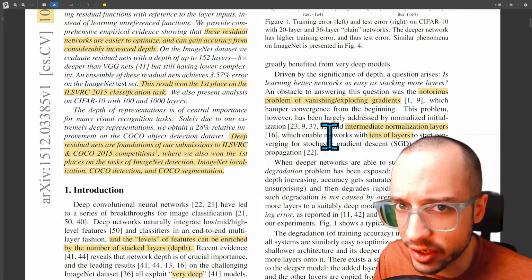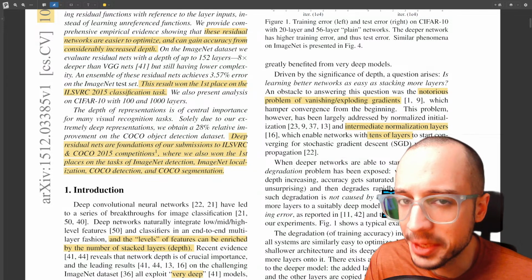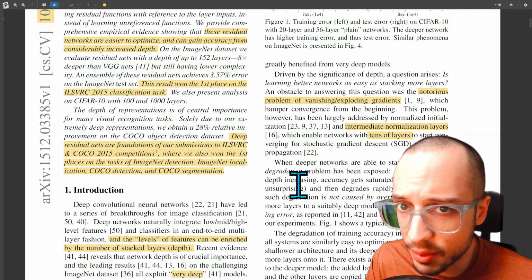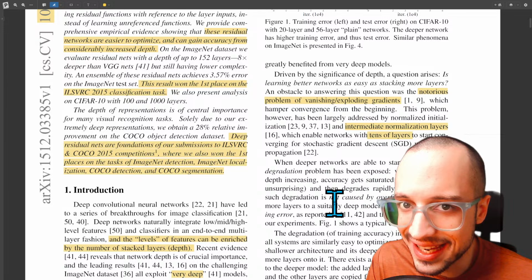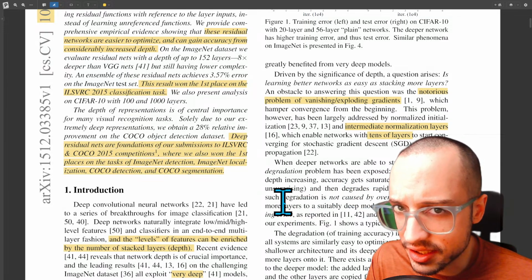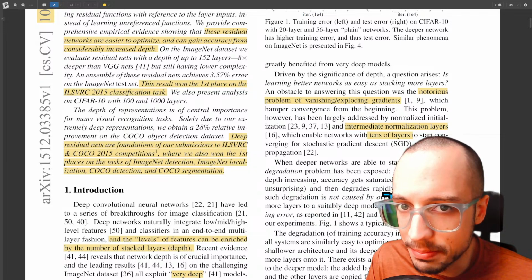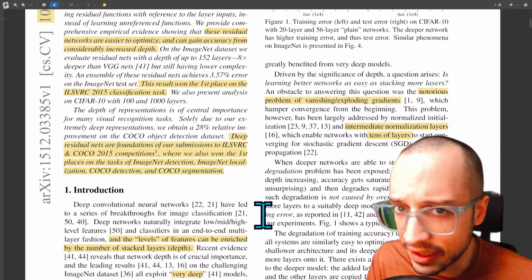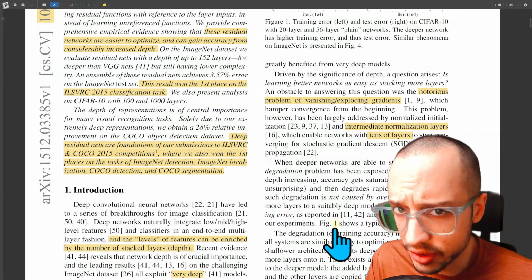When deeper networks are able to start converging, a degradation problem has been exposed. With the network depth increasing, accuracy gets saturated and then degrades rapidly. Unexpectedly, such degradation is not caused by overfitting, and adding more layers to a suitably deep model leads to higher training error, as thoroughly verified.